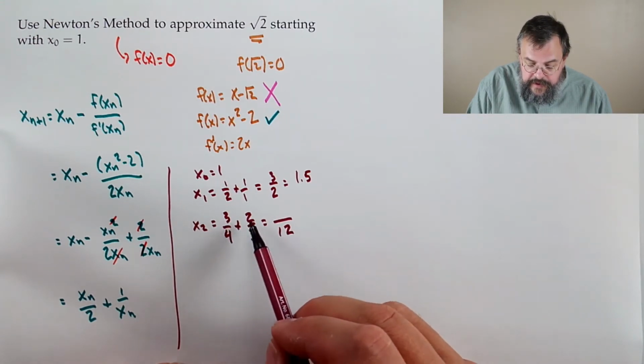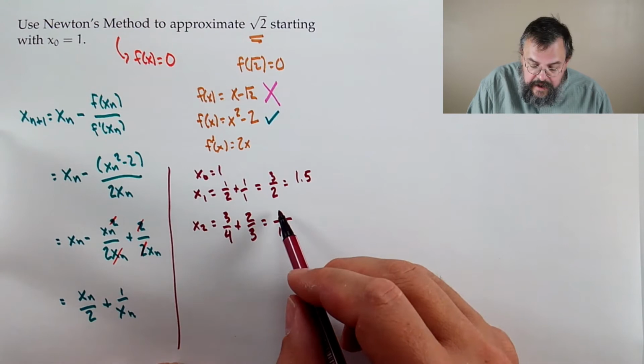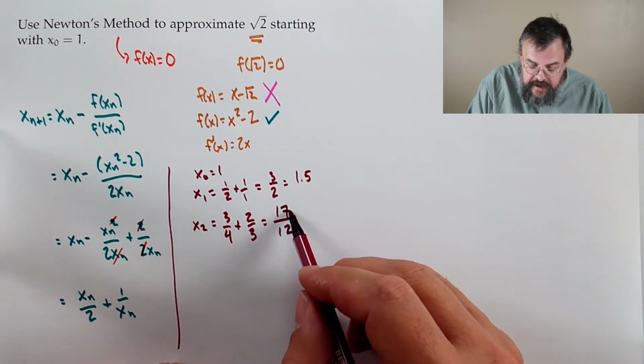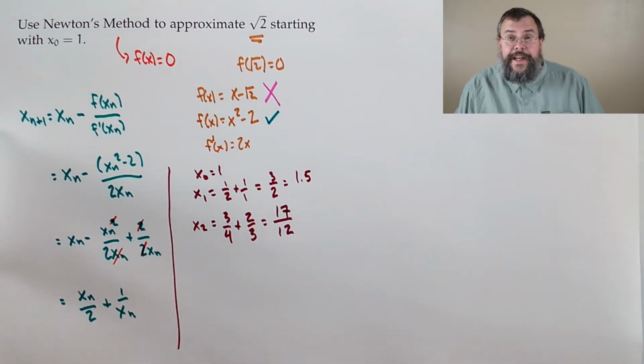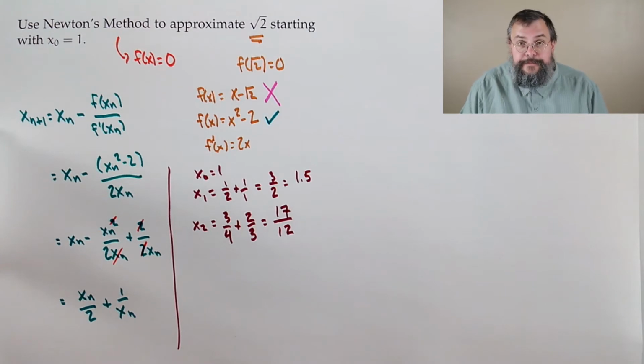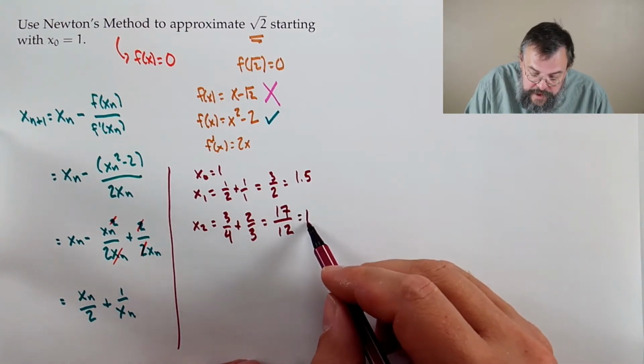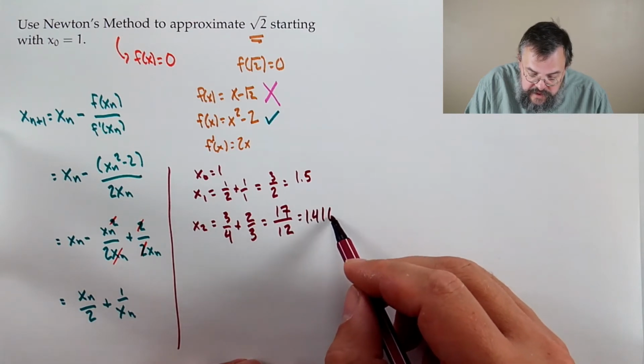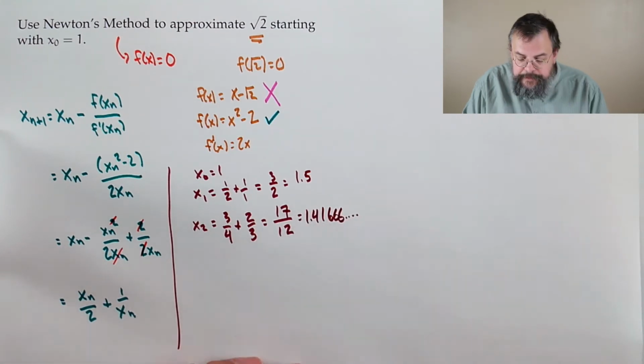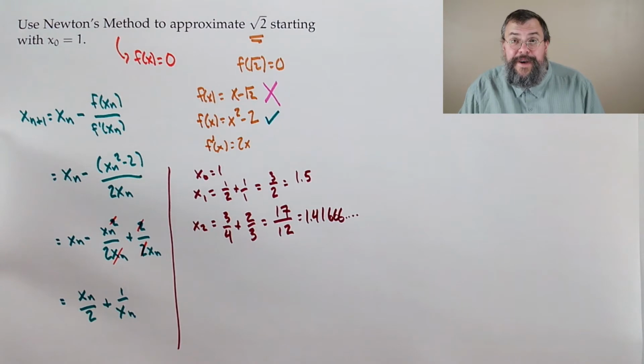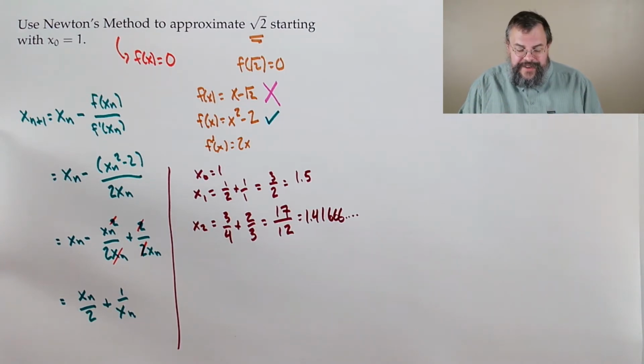And then 4 times 2 is 8. And 9 plus 8 makes 17. 17/12. Now, if you use a calculator, and I did, you can find that this is 1.41666... A better approximation, we think. We'll talk about what the square root of 2 is in just a second.